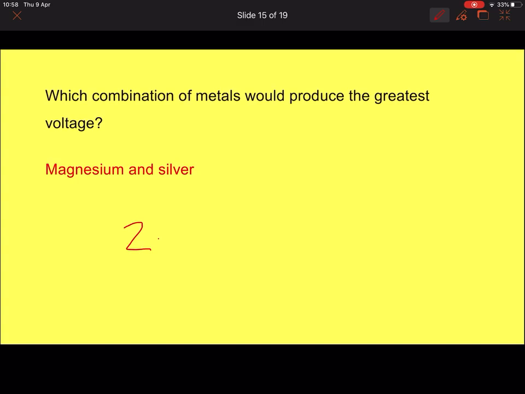Hopefully you know that the magnesium and copper was 2.40 volts. Then we take away minus 0.25 volts. So it would give 2.65 volts. Well done if you'd figured that out.